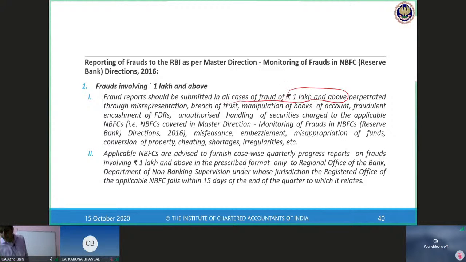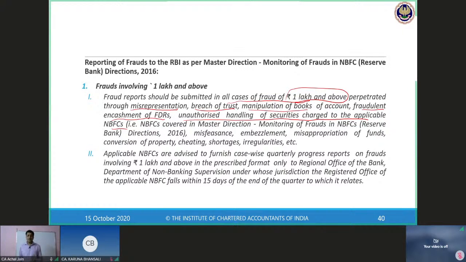1 lakh and above which are perpetrated through misrepresentation, breach of trust, manipulation of books, fraudulent encashment of FDRs, unauthorized handling of securities charged to applicable NBFCs, misfeasance, embezzlement, misappropriation of funds, conversion of property, cheating, shortages, irregularities, etc. So effectively you have seen that all the types of frauds are covered in a way.